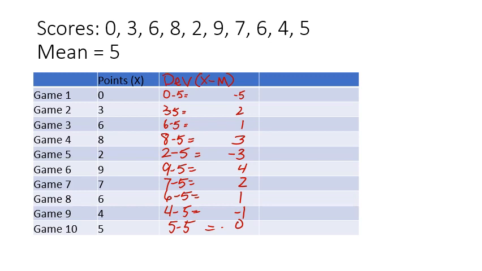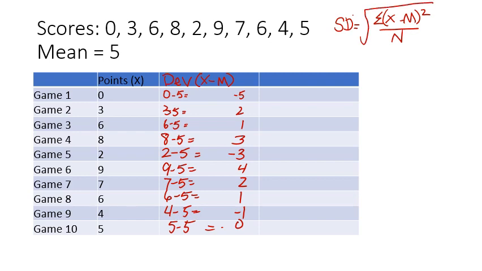So we know that our formula for standard deviation in total looks like this. Standard deviation is the sum of all the squared deviations divided by n, and we take the square root of that.